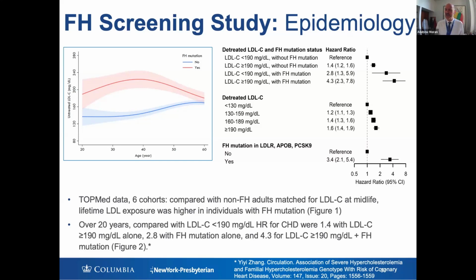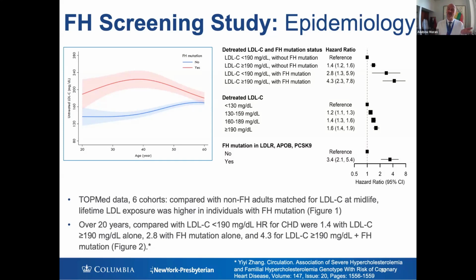So clearly the genetic mutation has a very strong contribution to risk. And again, we think that this is because of what we alluded to earlier in looking at those Mendelian randomization studies, that these are people who have had a lifetime of high exposure to LDL cholesterol.